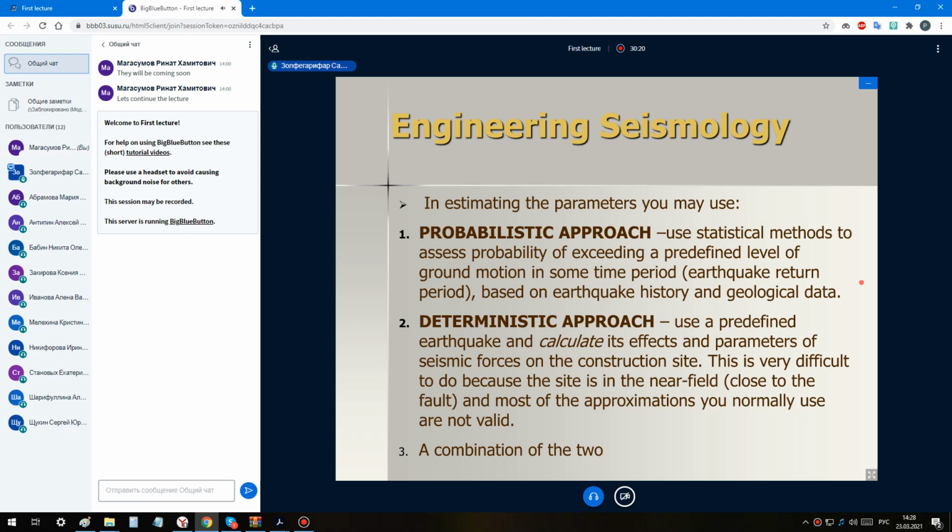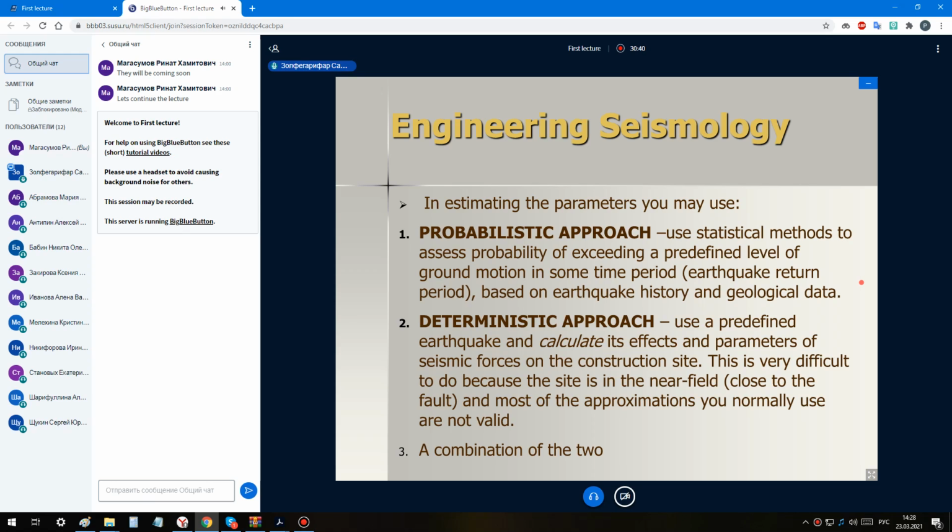In the deterministic approach, you use a predefined earthquake and calculate its effect and the parameters of seismic forces on the construction site.